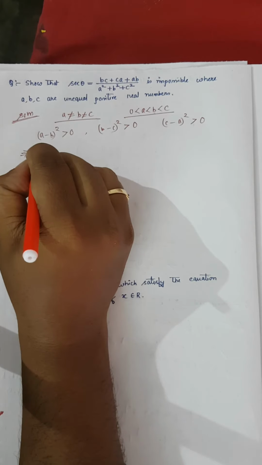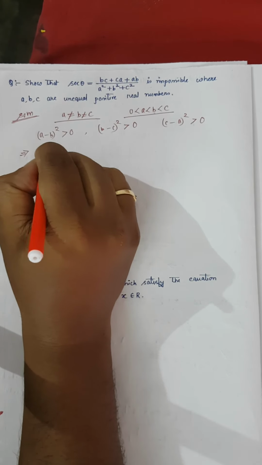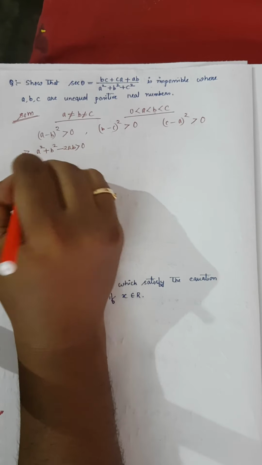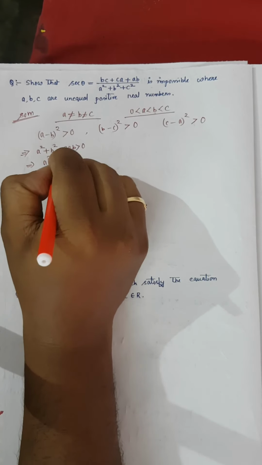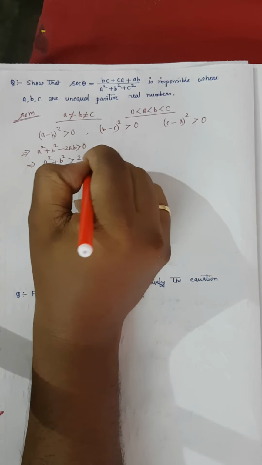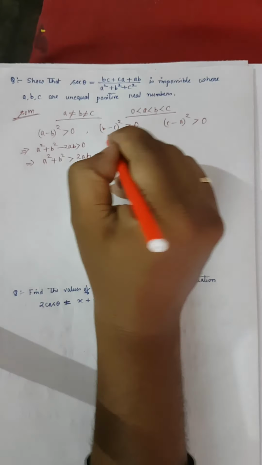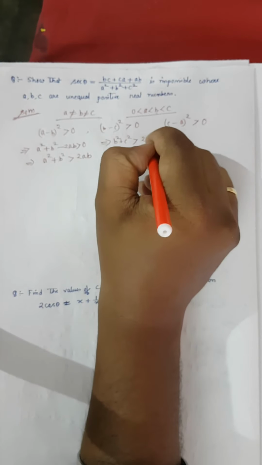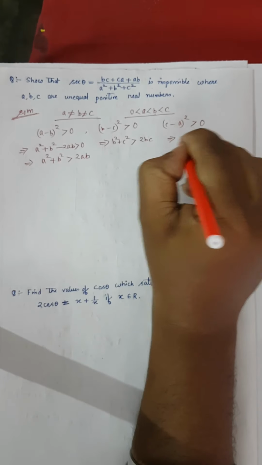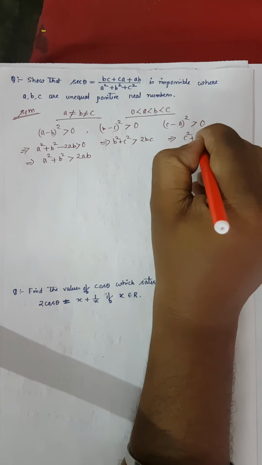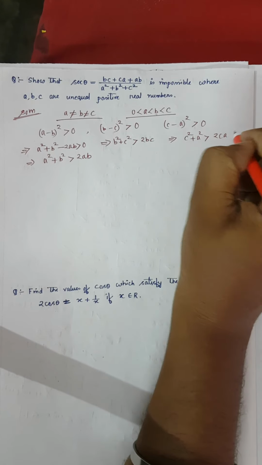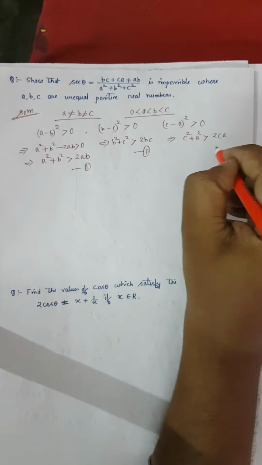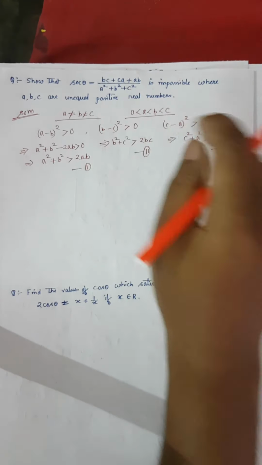So after breaking the square, it is A square plus B square minus 2AB. So I am getting A square plus B square is greater than 2AB. Similarly, I can write B square plus C square is greater than 2BC, and C square plus A square is greater than 2CA. Now this is equation number 1, number 2, number 3. These are inequalities actually.